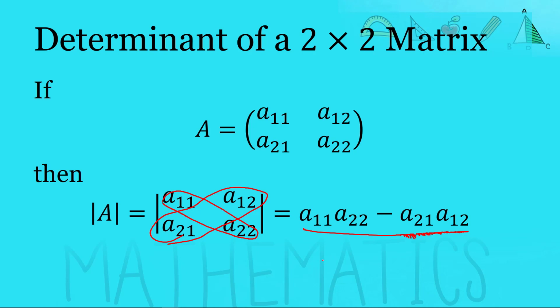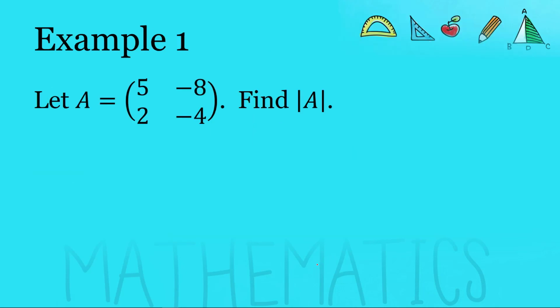And that brings us to this example. Let's find the determinant of this particular matrix. Once again, the determinant of A, which symbolically would be essentially just the matrix between two vertical lines, is going to be the product of 5 and negative 4 minus the product of 2 and negative 8.